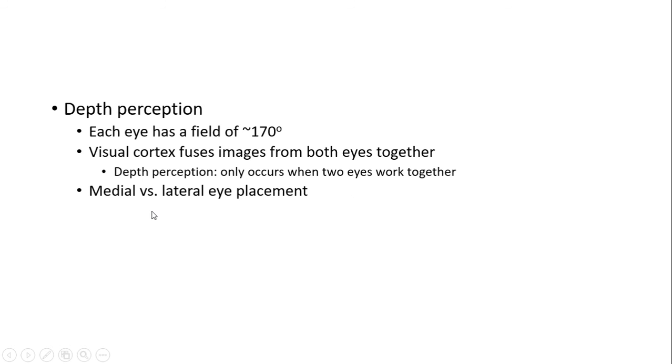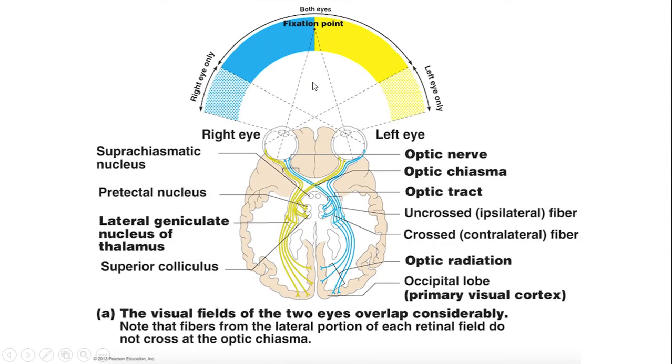And what they say here is the medial and the lateral eye placement. It depends on the placement of the eyes. For example, for us, we have medial placement of our eyes, right? If this is the midline, we have them closer towards the medial portion. But let's say something like a pigeon. A pigeon has lateral placement of its eyes.